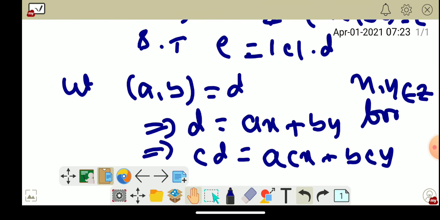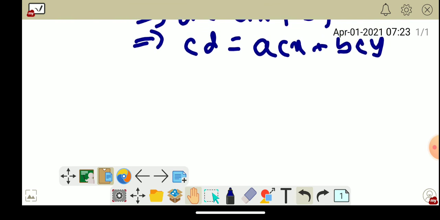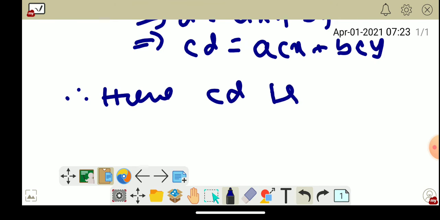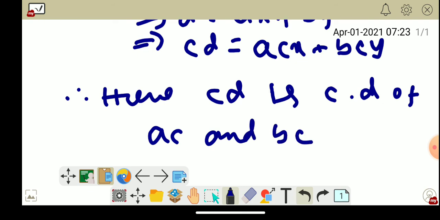Therefore CD is a common divisor of AC and BC. Why? If we have GCD of A, B is equal to D, then automatically we can write D as AX plus BY.